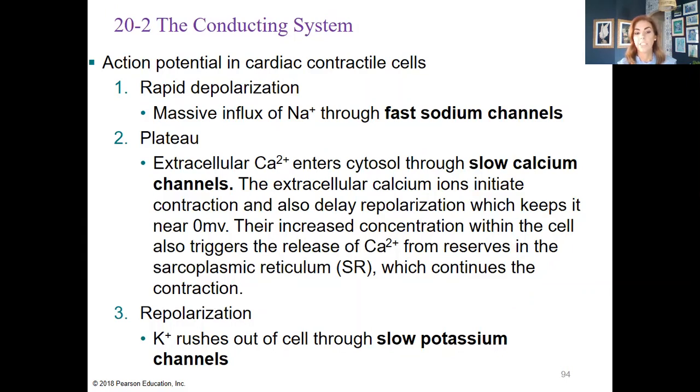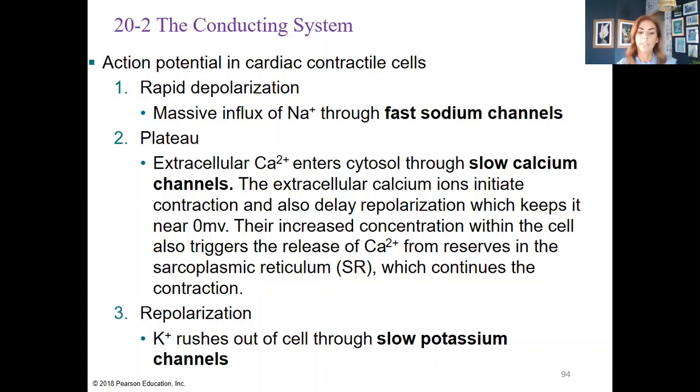They're going to initiate this contraction, and then it's going to delay, that's the key word, delay repolarization, which keeps it near that 0 millivolts, and it's going to cause an abnormal look on the graph, something that you're not going to be used to, but it's going to be important that you understand that this is what's happening in the cardiac contractile cell due to the calcium.